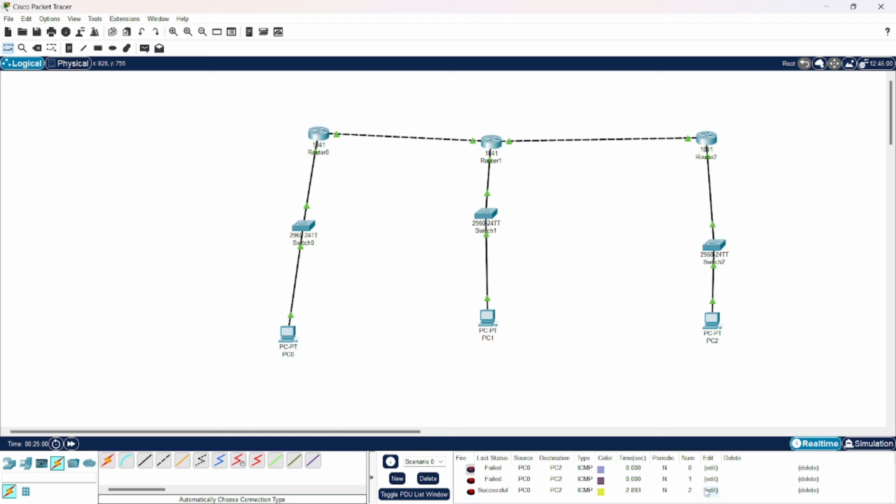See, the third message now has been successfully sent. And now any message from this computer to this computer would be sent successfully. If I try to send from this computer to this computer, the first message could fail. Here, it failed. But the second message was successfully sent.